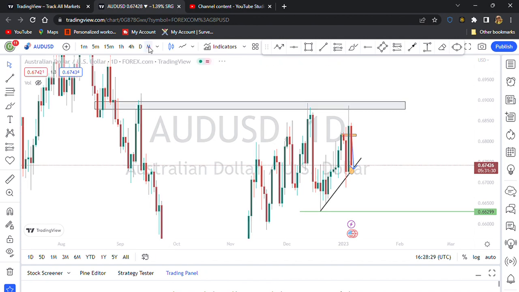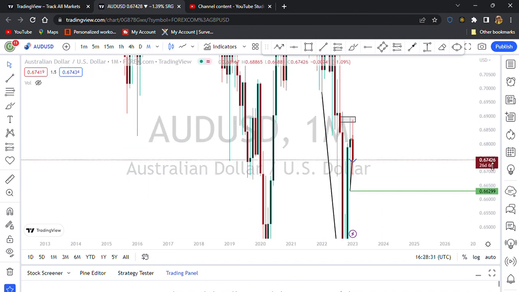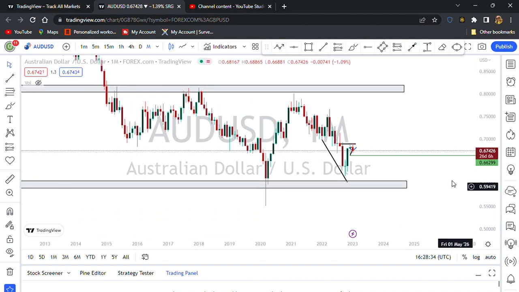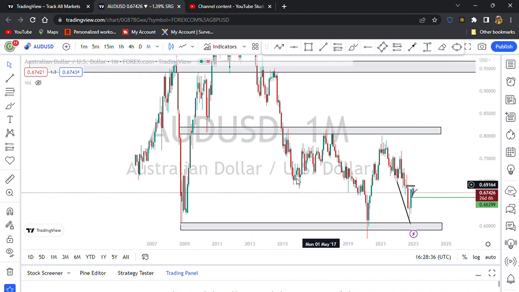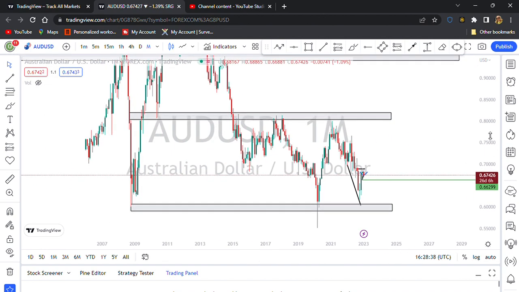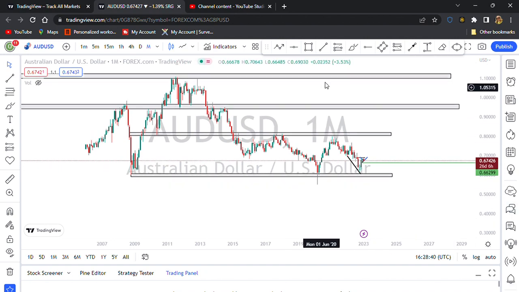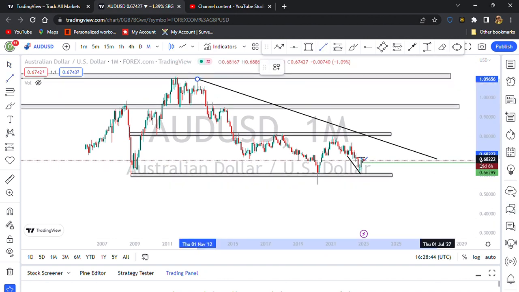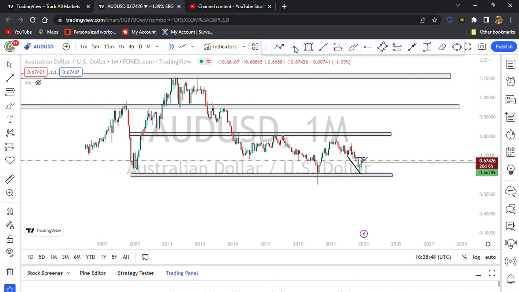We can see on the monthly time frame that AUD/USD is on a downtrend, using the trend line. We can see what AUD is doing.